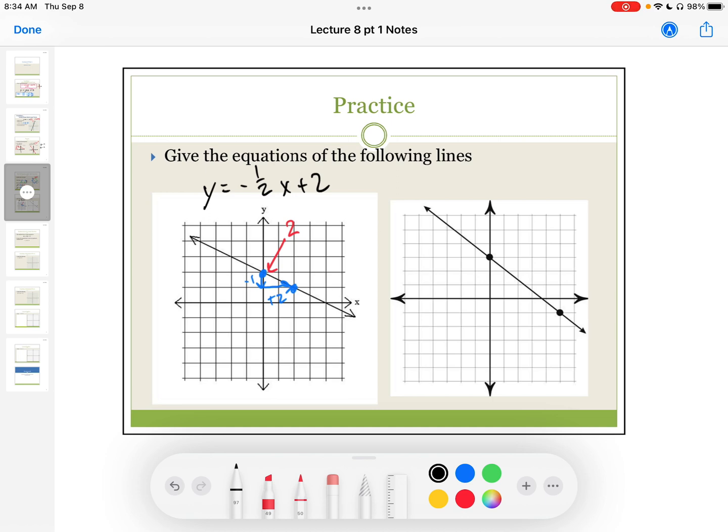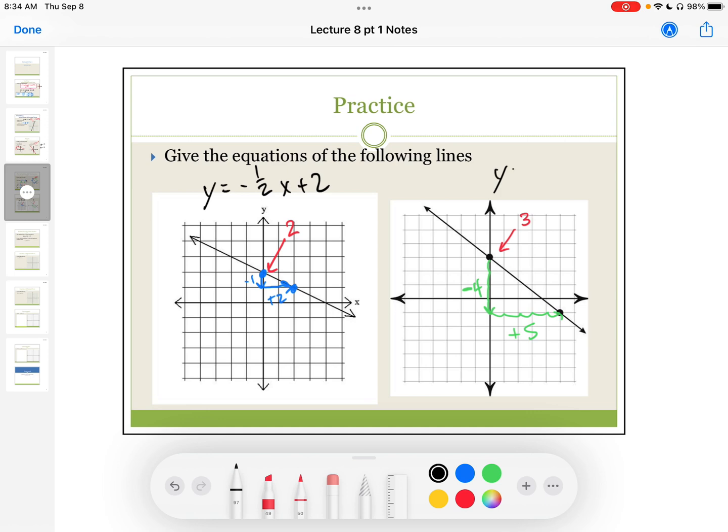Okay? Now, on this next one over here, y-intercept. Y-intercept is at 3. My slope for this one, I'm going to go down 1, 2, 3, 4, down 4, so negative 4. 1, 2, 3, 4, 5. To the right, 5, positive 5.